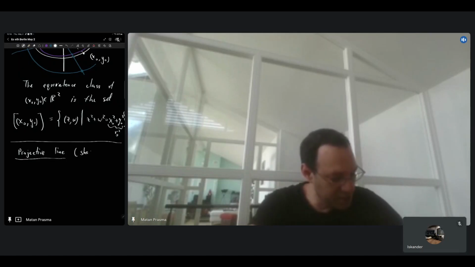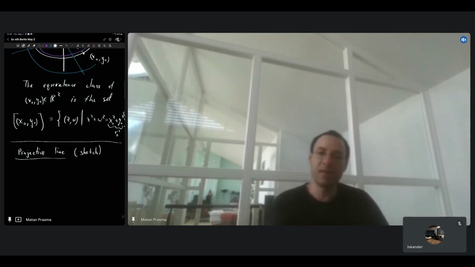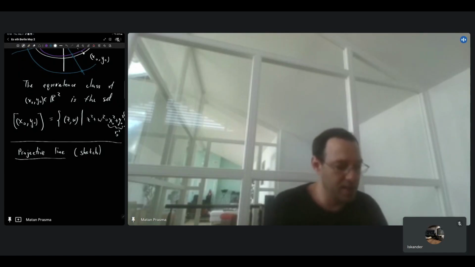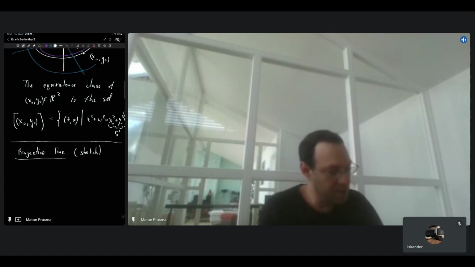I stress that this is just a sketch because I don't want to get into all the details, but I think you can already understand some of the direction of where we're going to use equivalence relations in this construction.